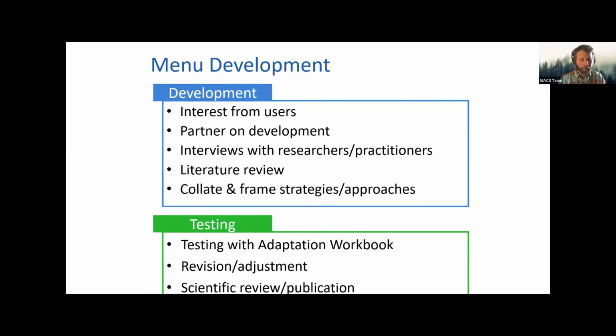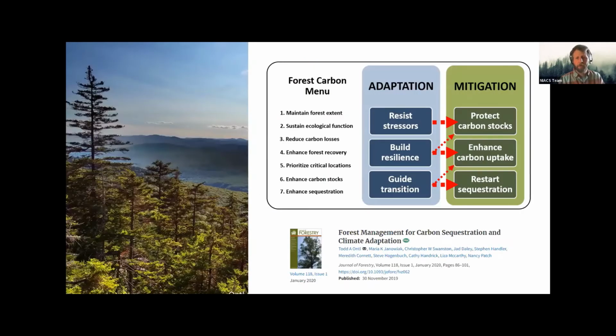Most of them are new enough that we haven't gone through that. So the forest carbon menu, or forest carbon management menu, however you want to call it, has gone through this whole process. It was published in the Journal of Forestry in the January 2020 issue, as you can see there at the bottom.